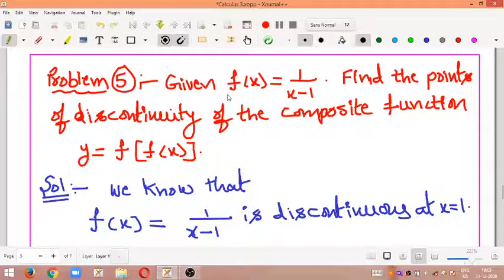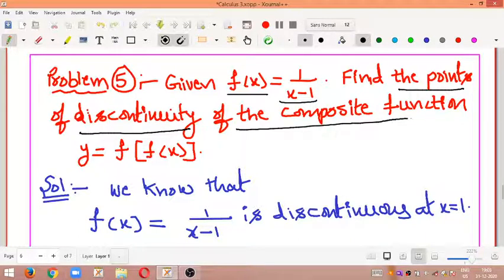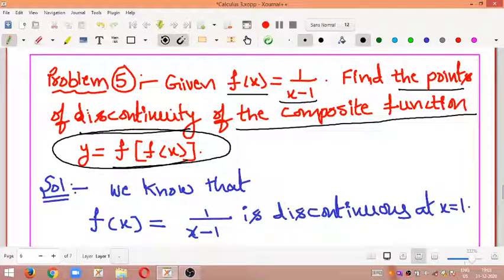Given f of x is equal to 1 by x minus 1, find the point of discontinuity of the composite function y is equal to f of f of x. F of x is given, and this function f of x is defined as 1 by x minus 1.